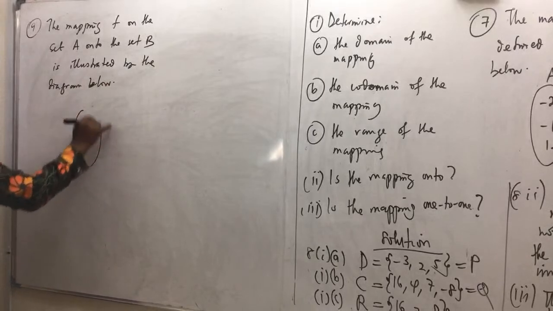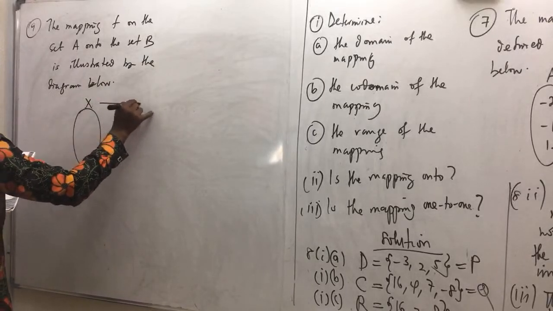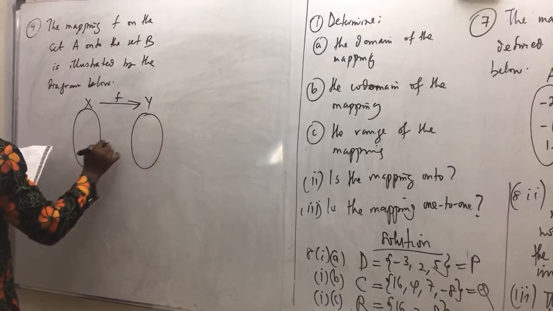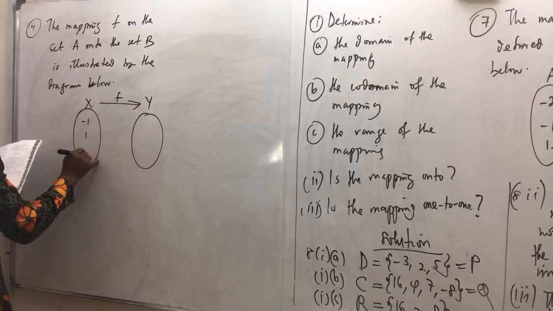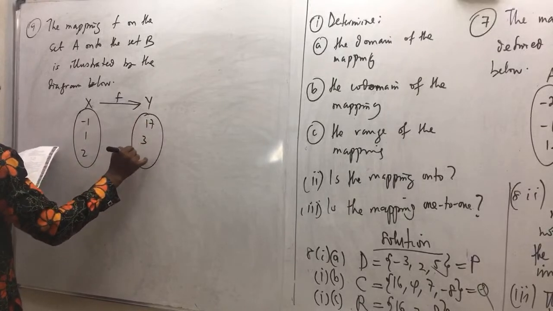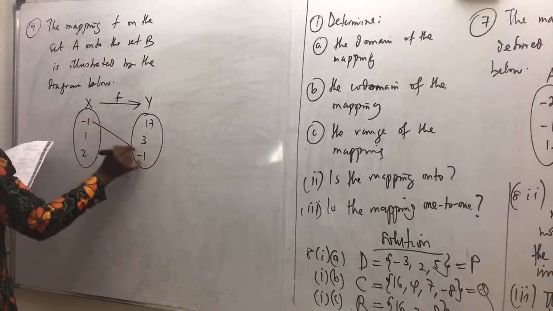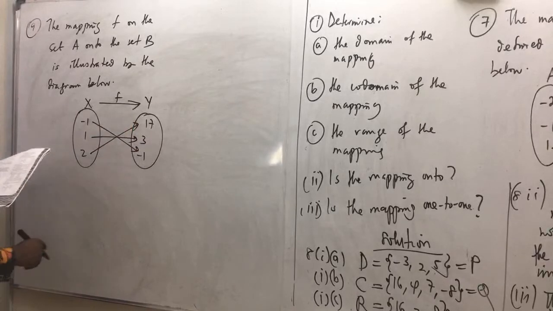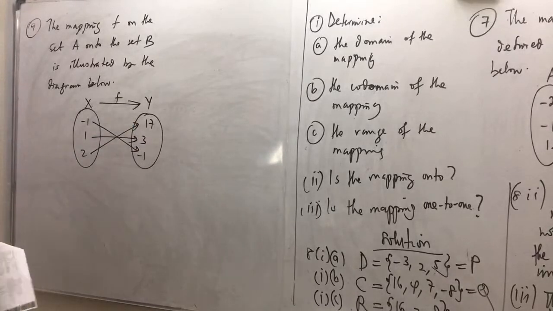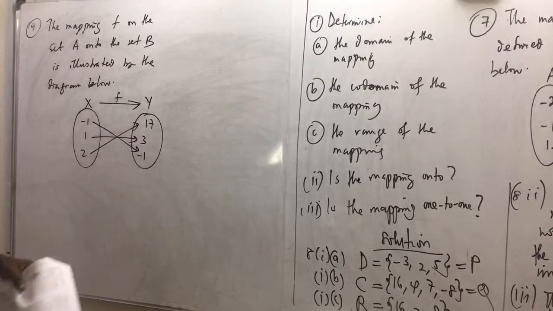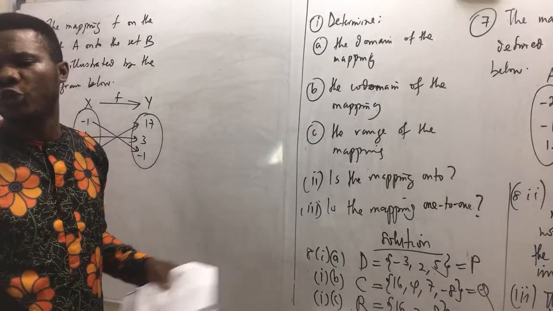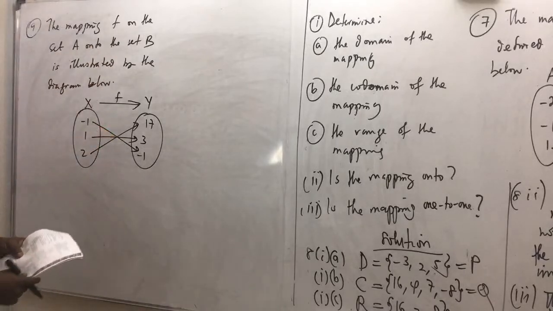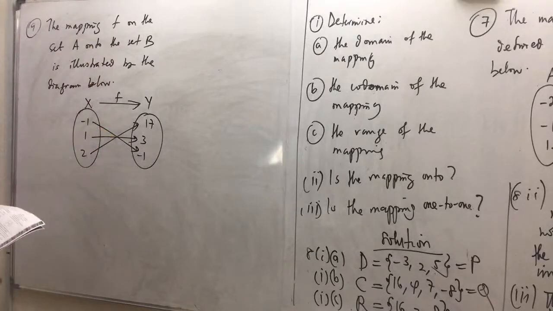Okay, so this is the arrow diagram for the mapping: -1, 1, 2, 17, 3, -1. And this is what you have. So this mapping is both 1-to-1 and onto. And what do we call a mapping that is both 1-to-1 and onto? Who knows? We call it a bijective mapping. So this mapping is a bijective mapping.